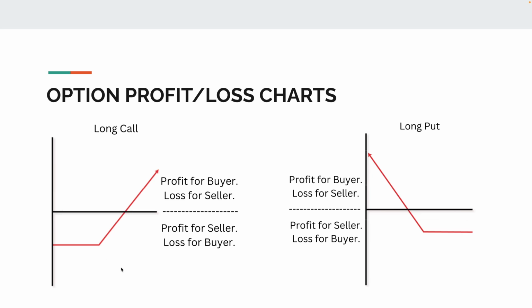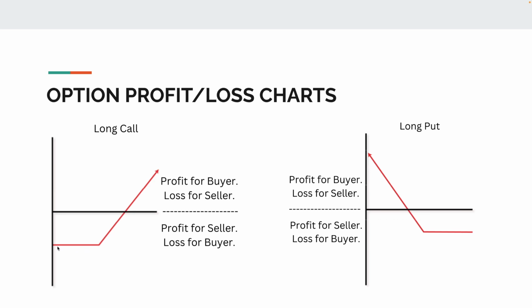For the long call position, when you are the buyer and you are profiting, that's when the loser is the seller. And when you are losing money, that's when the seller is making money. So above here, when the long call is profiting, that's going to be losses for the seller, because the long call person is bullish, so they're profiting when the stock goes up in price, and the seller of it is going to lose money.